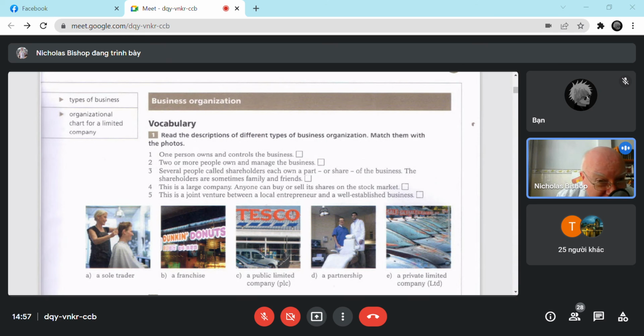And then number 3, so it's not in order. Yeah, okay. Number 3: several people are shareholders and each owns a part or share of the business. The shareholders are sometimes family and friends. Which one is that?